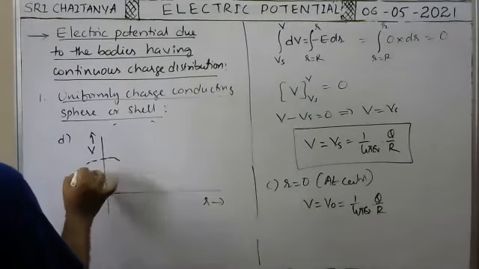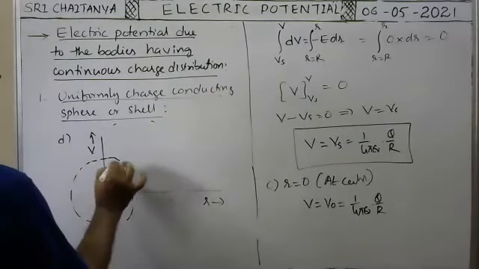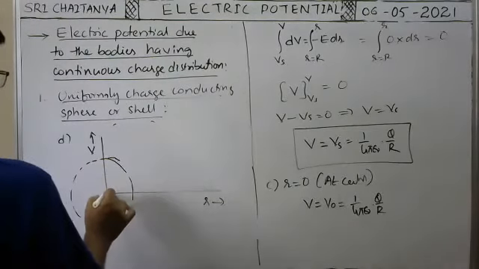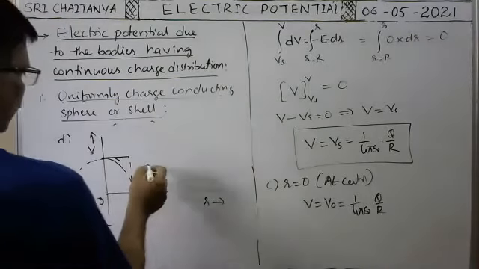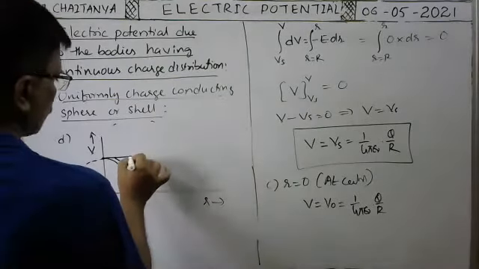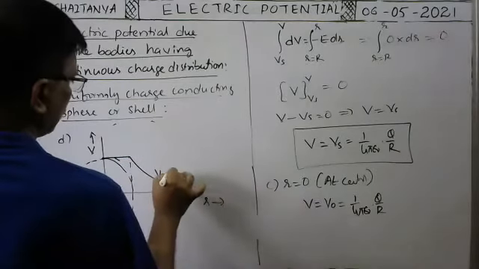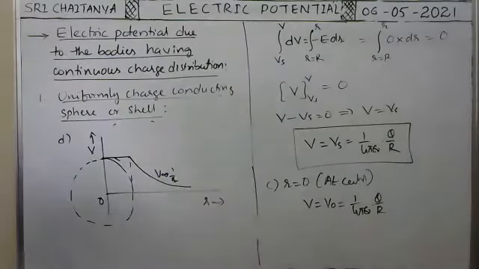Suppose it is the conducting sphere. From the center of the sphere, that means r is equal to 0, the potential is the same as on the surface. Up to the surface of the sphere, the potential is the same. Outside the sphere, V is inversely proportional to r, so you will get a graph like this. This is the graph we will get. Note down.